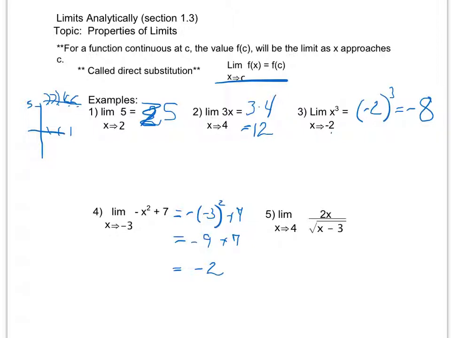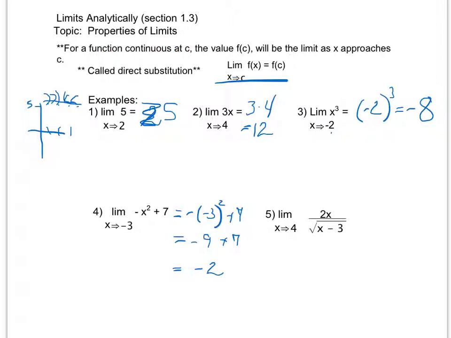I know that my domain for this is going to have to be x values greater than 3, because anything less than 3 is going to give me a negative number under the radical. But once I start at 3, I also know that this will be a continuous function. And since 4 is within my domain, I know my function is continuous at that value.